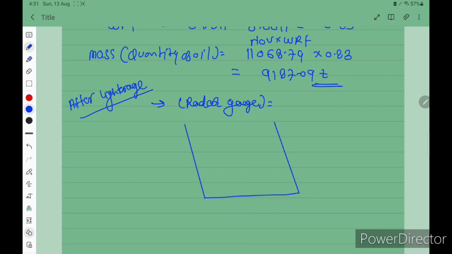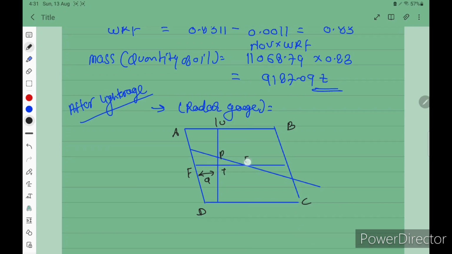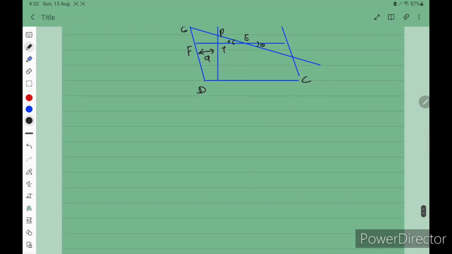While the second time, the vessel is trim by stern. Okay, so we are going to use the second formula.